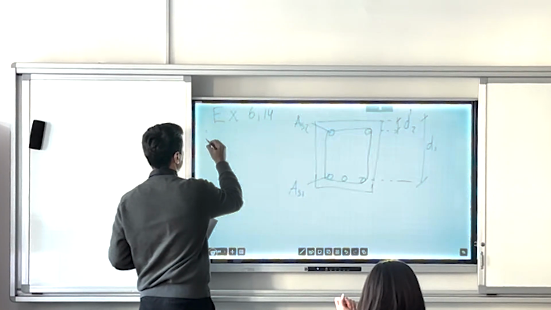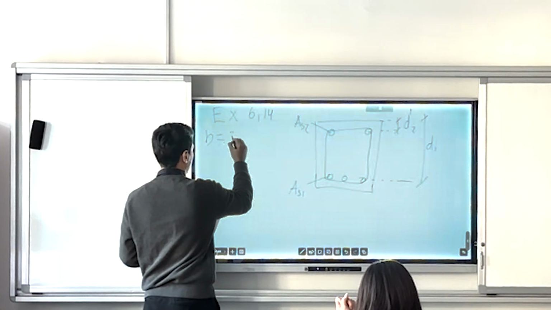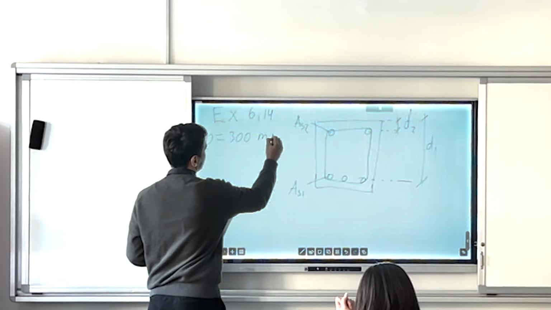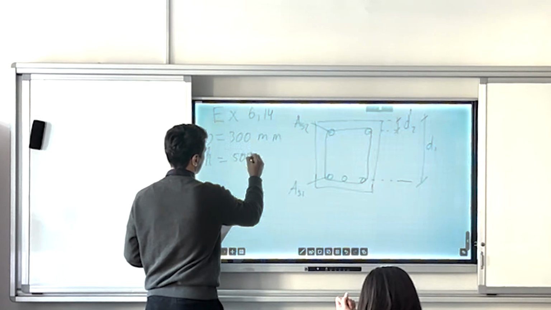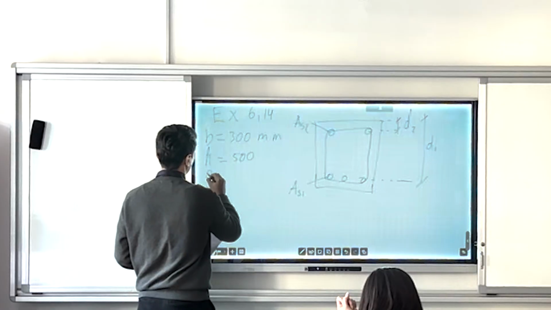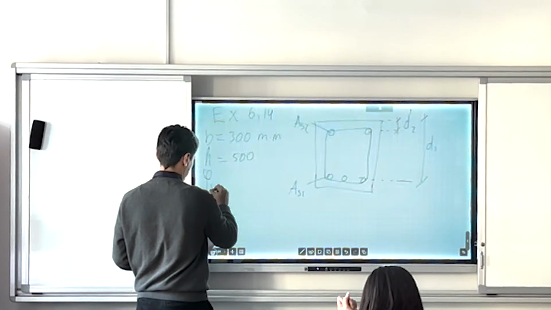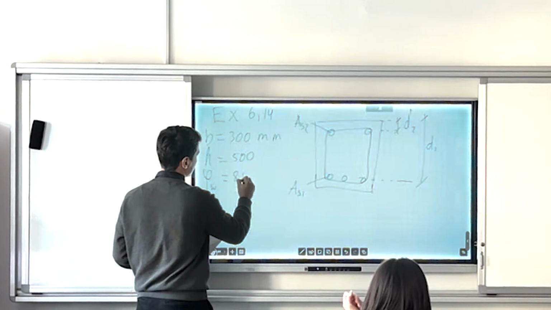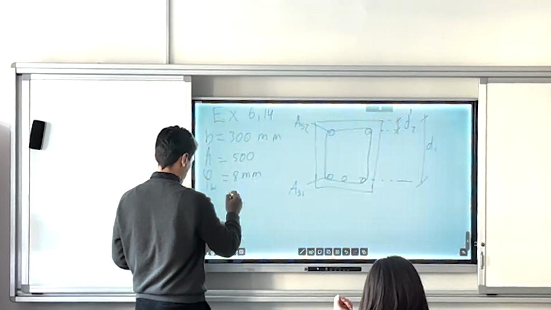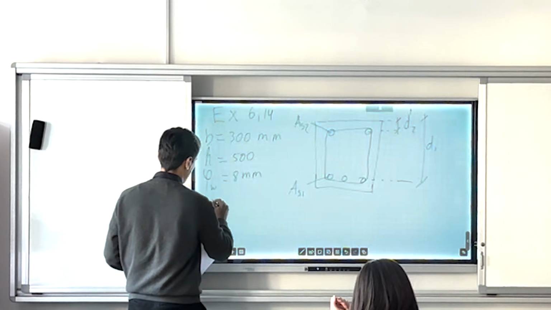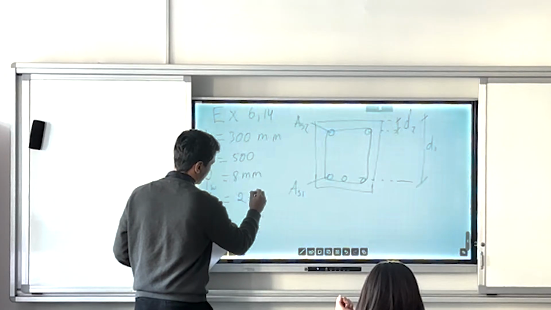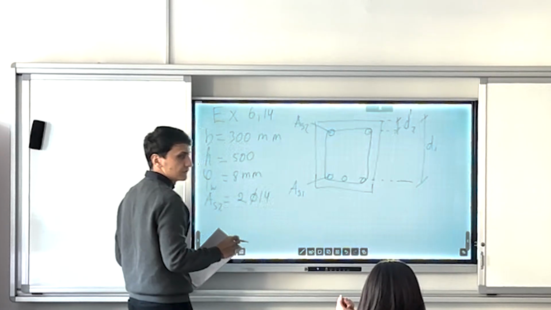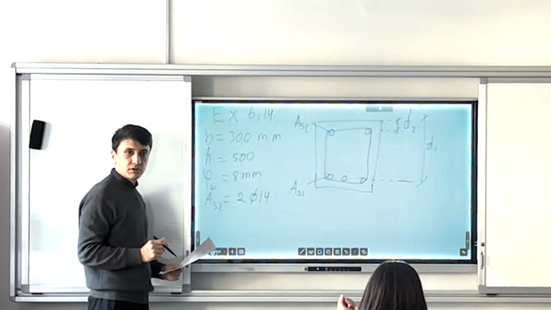So the section characteristics: we have B 300 millimeters, H 500, and the diameter of the stirrup, VW, is 8 millimeters. Then the top reinforcement is 2 P14, which means 2 rebars of 14 diameter.